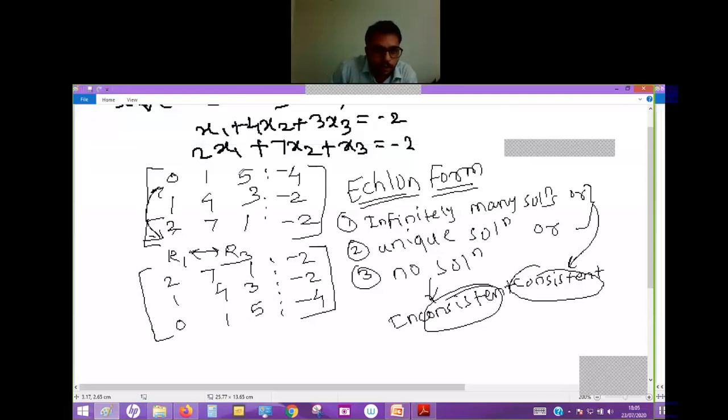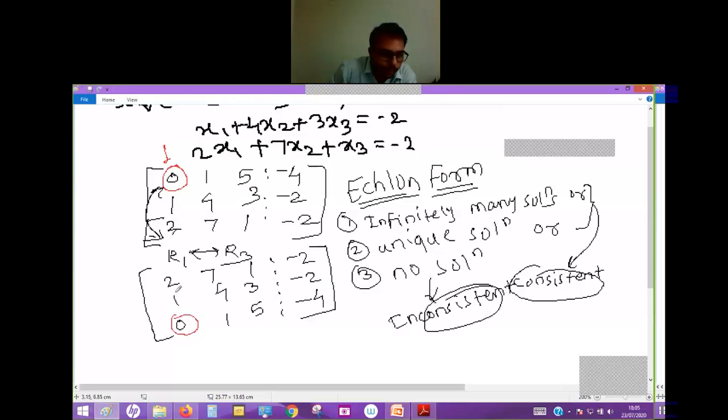What I want to do here is make this coefficient 1, and also make all the elements in that column 0. That's why I have already made this element 0.